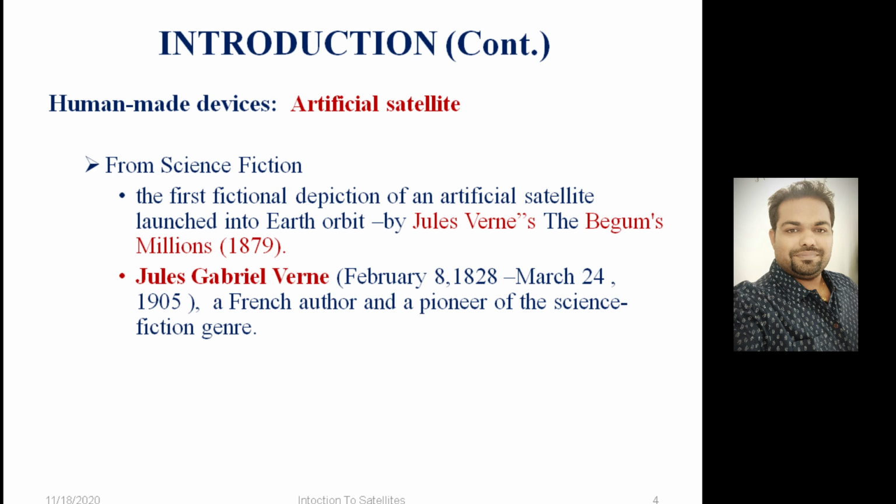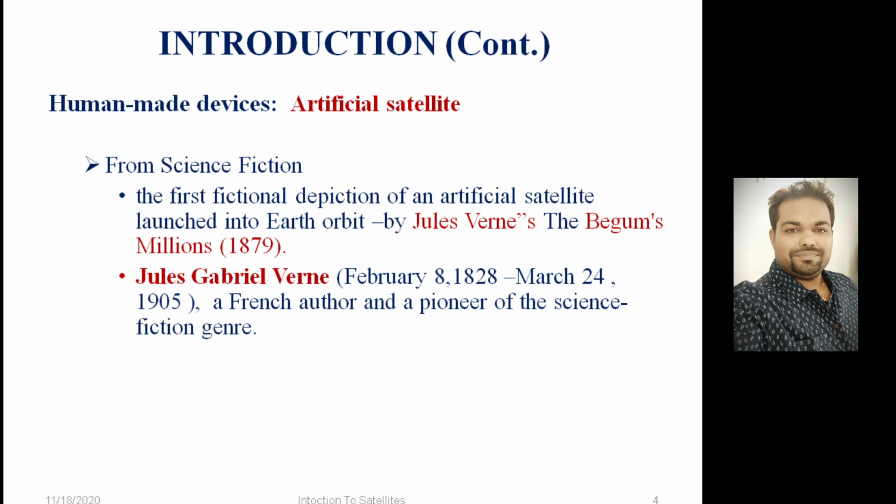Let's look at the satellite invention or discovery, how it actually started. From science fiction, the first fictional depiction of an artificial satellite launched into Earth orbit was by Jules Verne in the novel The Begum's Millions, 1879.